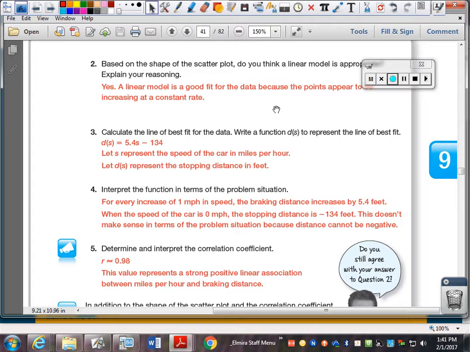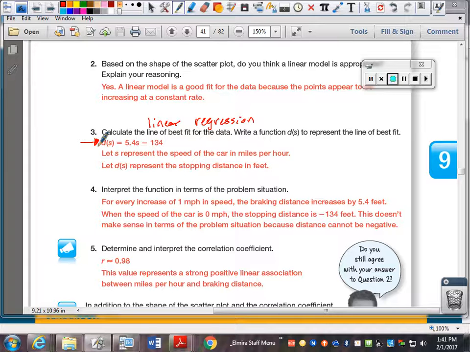And our line of best fit, remember that's the same thing as the linear regression equation, you get that off your calculator, and it is given here. You put everything in your L1 and your L2, and then I want to come down here and look at the R value. The R value is 0.98. So it looks linear right now.